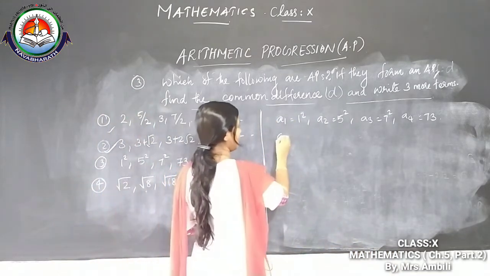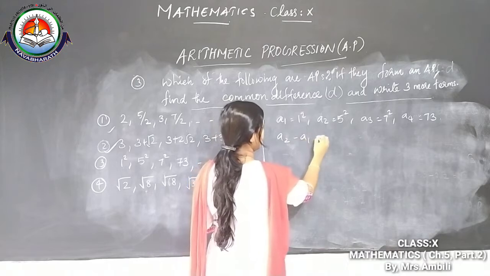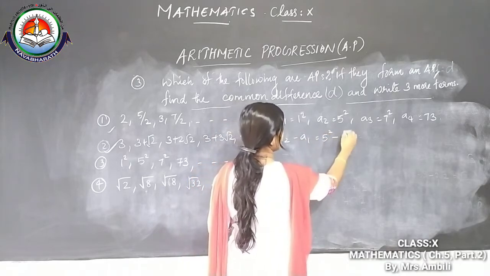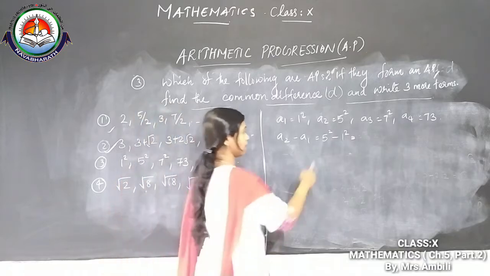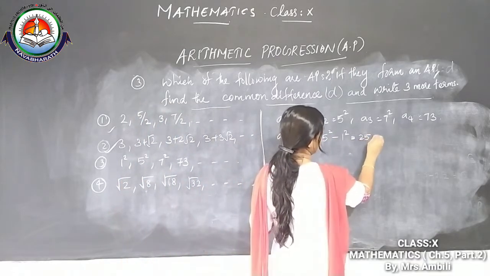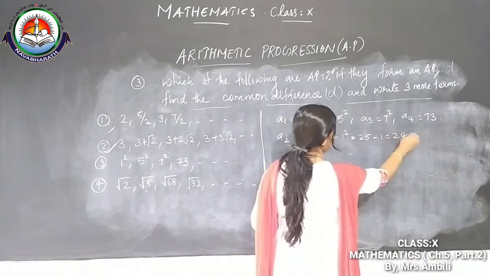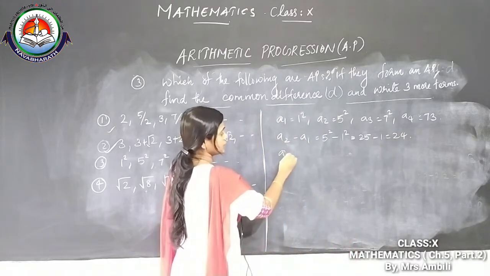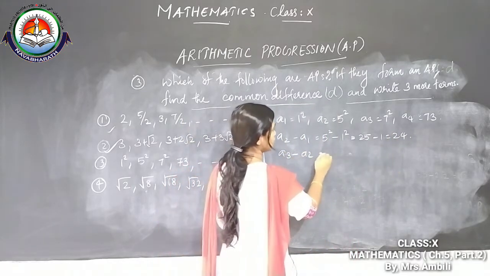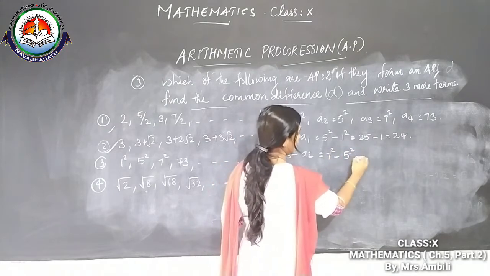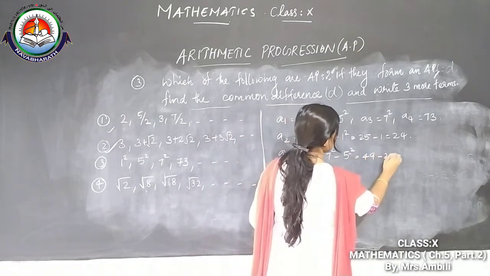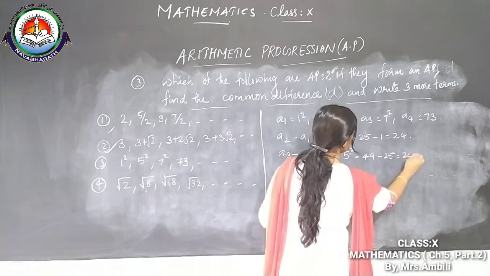Then first step, A2 minus A1, 5 square minus 1 square. 5 square minus 1 square means 25 minus 1 equal to 24. Next, A3 minus A2, 7 square minus 5 square, 49 minus 25 equal to 24.